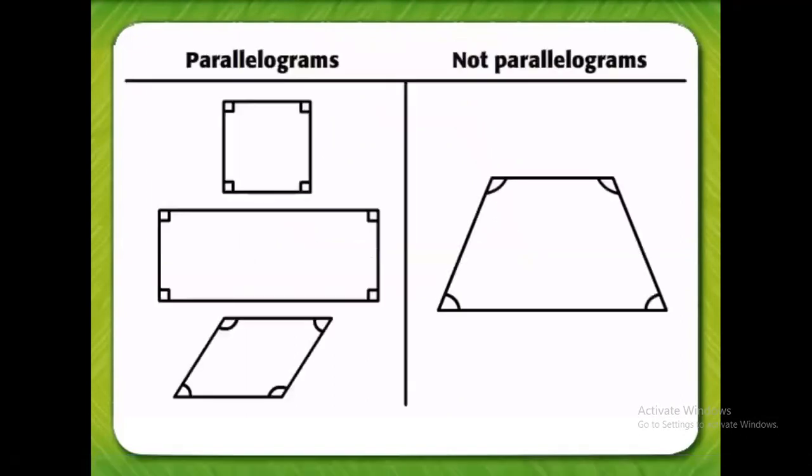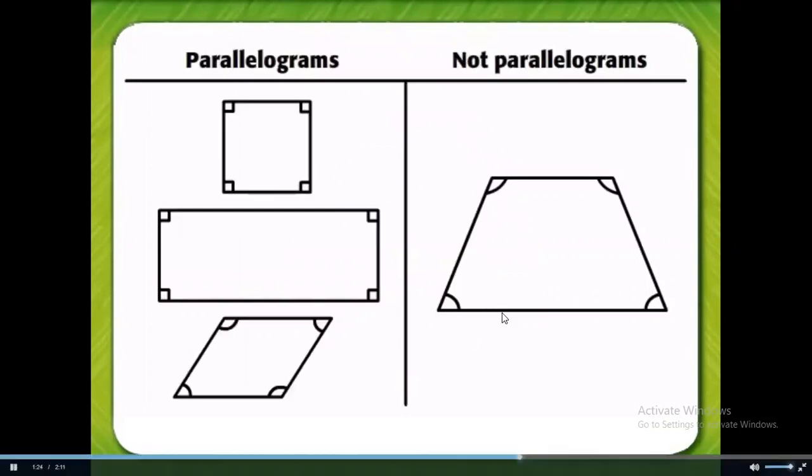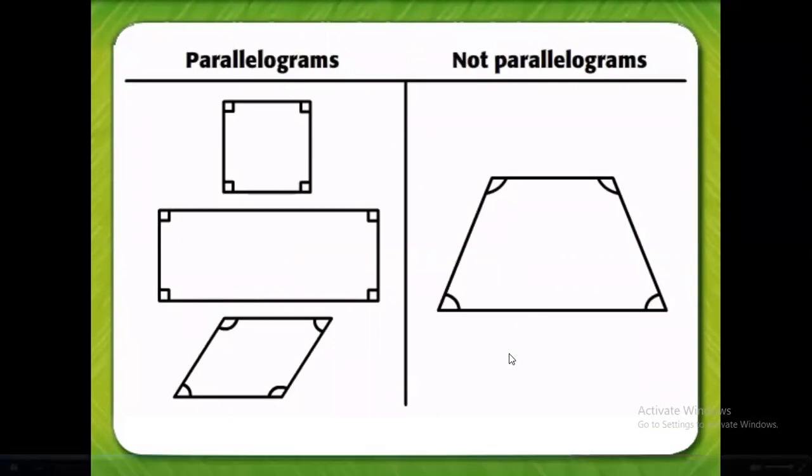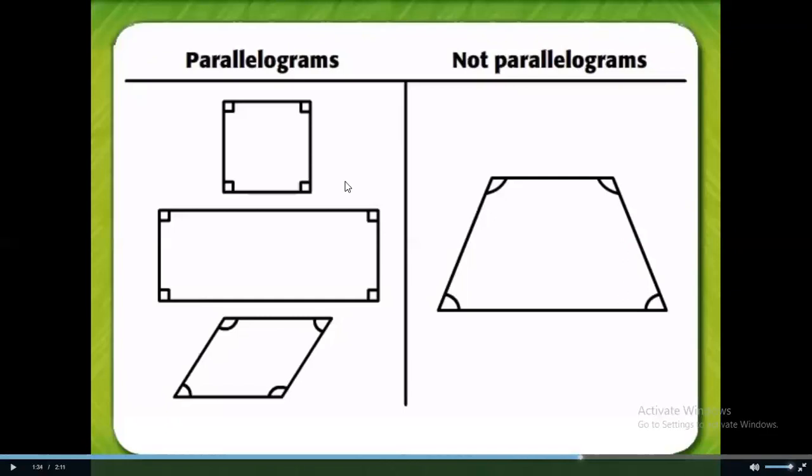The square, rectangle, and rhombus are quadrilaterals that are also parallelograms. The trapezoid is a quadrilateral, but it is not a parallelogram. So I can say a square is also a parallelogram. A rectangle is a parallelogram. A rhombus is a parallelogram. But some properties are added to a parallelogram to make it a square.